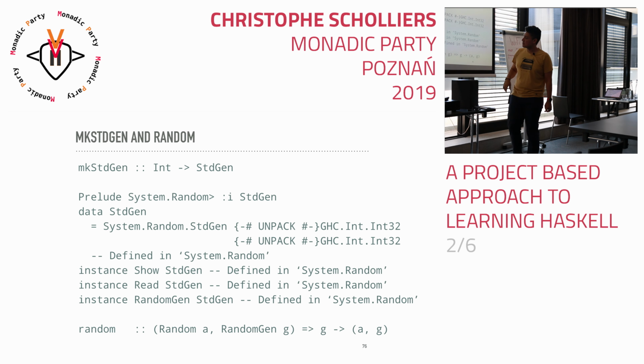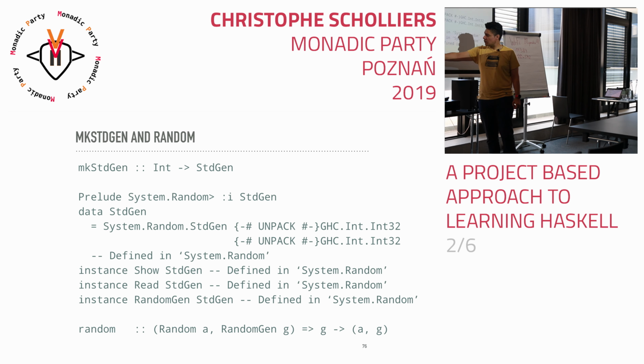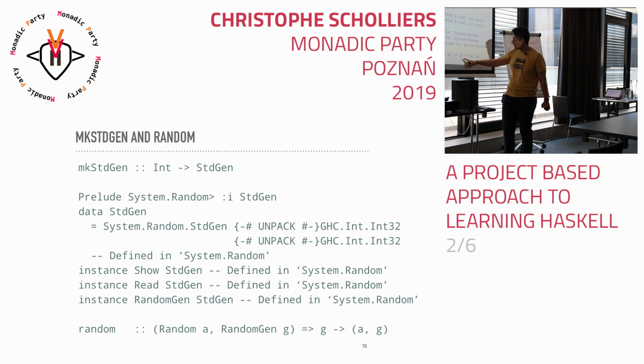Yeah. So when you call random on a generator, it's going to give you the new number that you need and a new generator which will produce a new random number. Yeah, so it's a pseudo-random generator. Don't use this in cryptography because it's not going to be very secure.